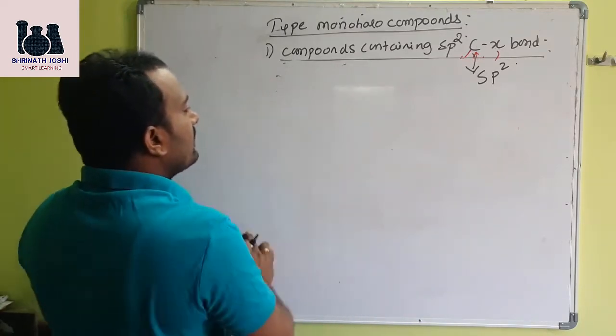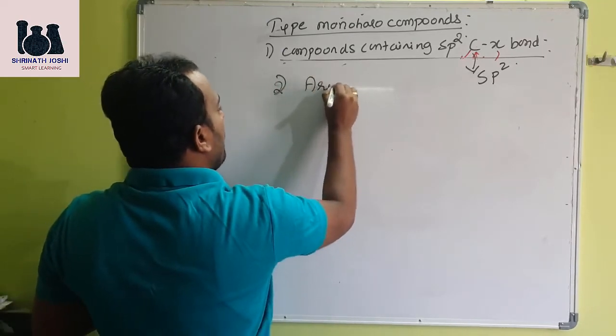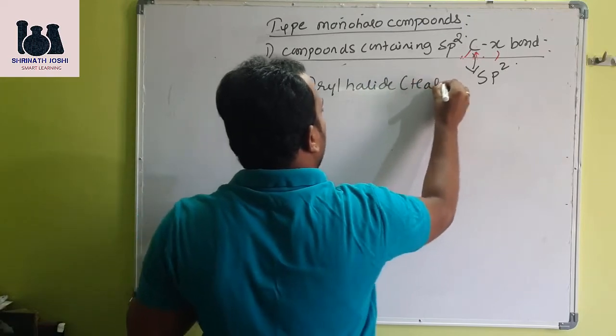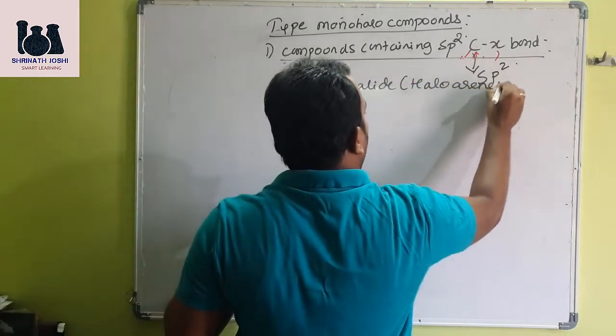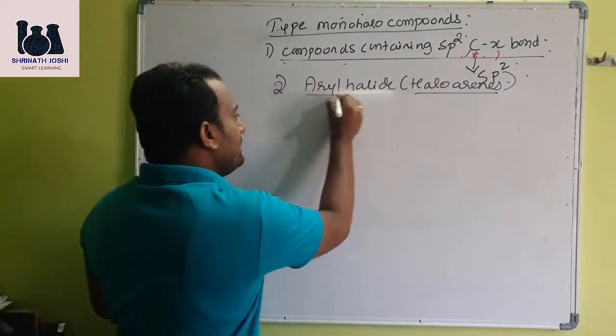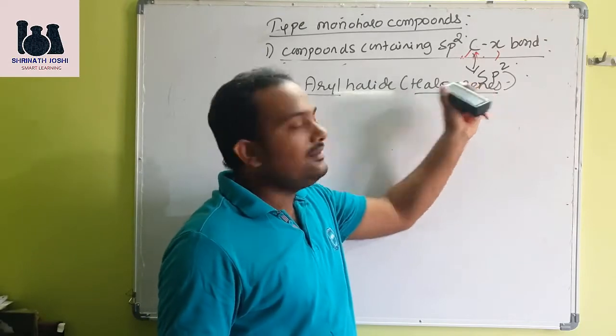Then moving on to the next classification under the same category. Second, we have aryl halide, or we also call it haloarenes. What is aryl halide? Aryl means a benzene ring, because I already told in the last video, arene means benzene.